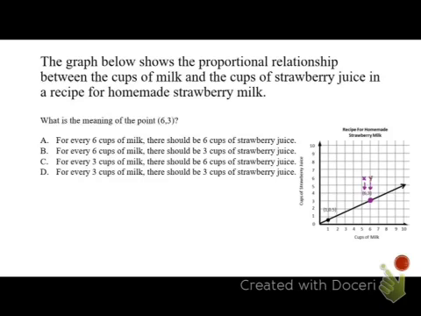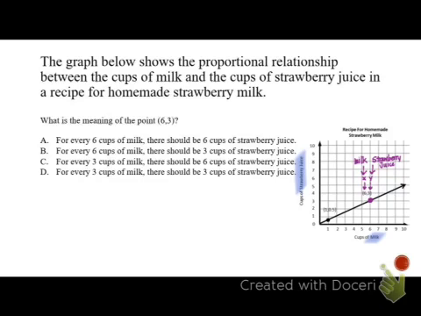Our x value represents milk, and our y value represents strawberry juice. We identify that information from the labels of the graph. X is our cups of milk, and Y is our cups of strawberry juice.